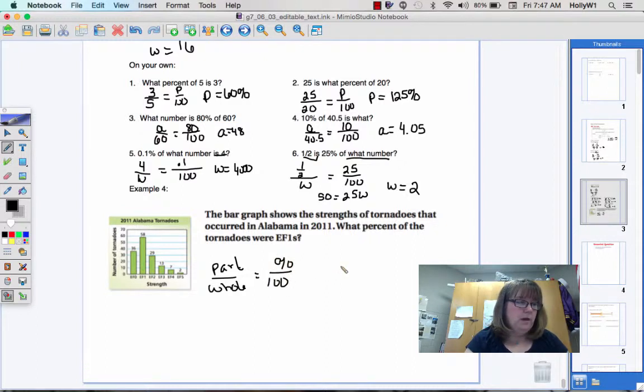So we know that there were 58 EF1s, if we look at that really carefully. So that's the part. We know that there were 145 tornadoes because we added all of the different tornadoes up together. And the percent is what we're looking for, divided by 100. And when we cross multiply, the percent is equal to 40%. So 40% of them were EF1s.